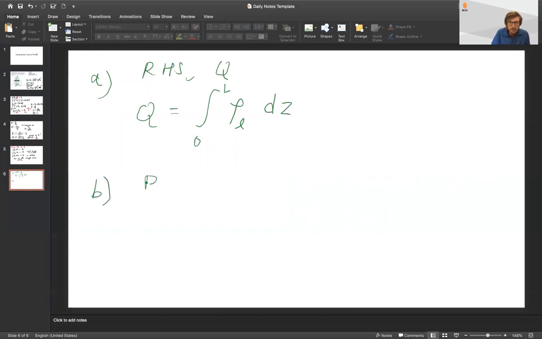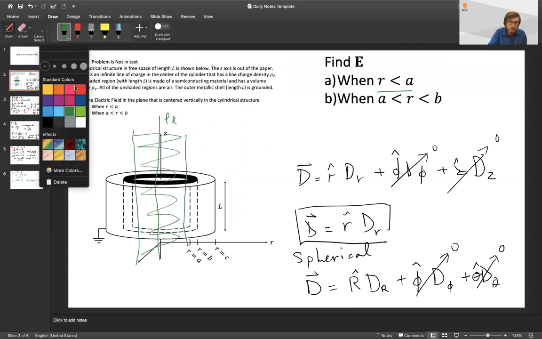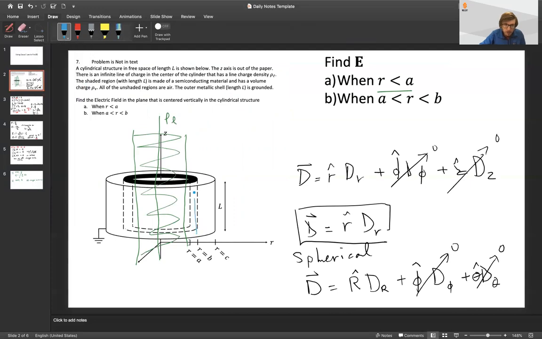And then in part B, we also need to find the right-hand side and find all of the charges in the region, up to r equal to b. That is all the way out to here, and that includes the charges in this black shaded area, which had a volume charge density.